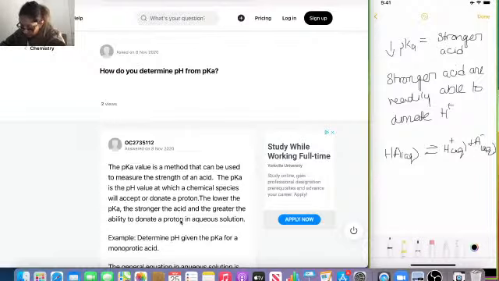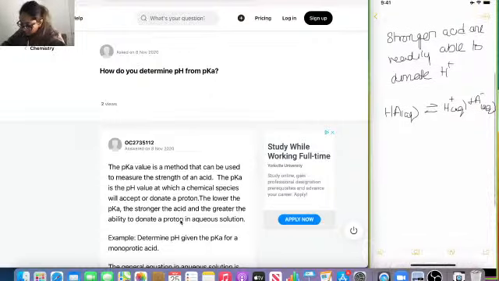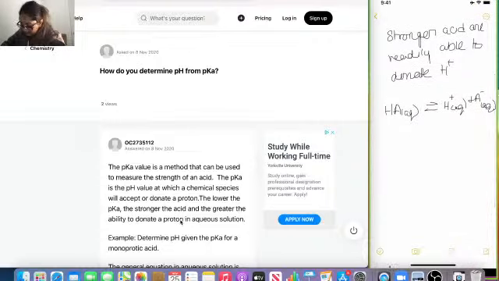Okay, and so to calculate the pH, pH is basically the negative log of the concentration of your proton, so H plus.